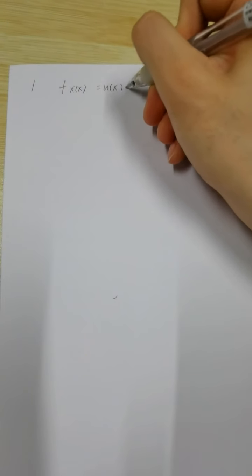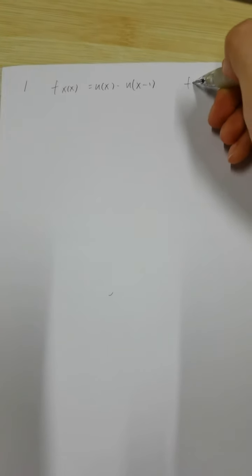I want to use the density function of x equal to u(x) minus u(x minus 1), and for y use the same density function from the question, u(y) minus u(y minus 1).